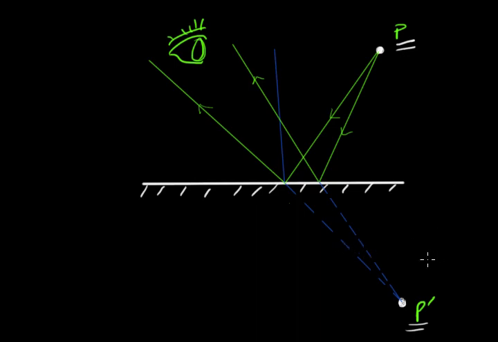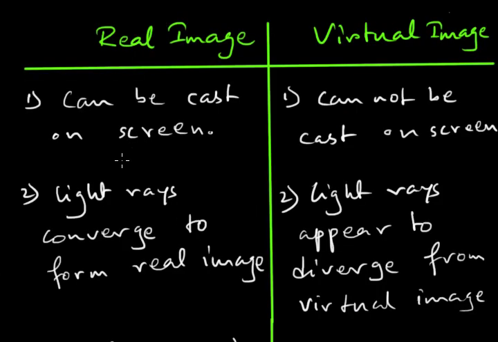Now let's move on to some differences between real and virtual images. Now we have already seen that the basic difference is that the real images can be cast on a screen, but virtual images cannot be cast on a screen. This is the major difference.